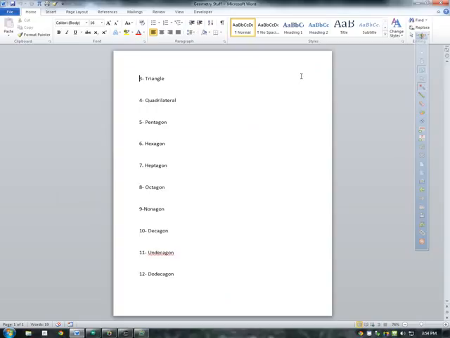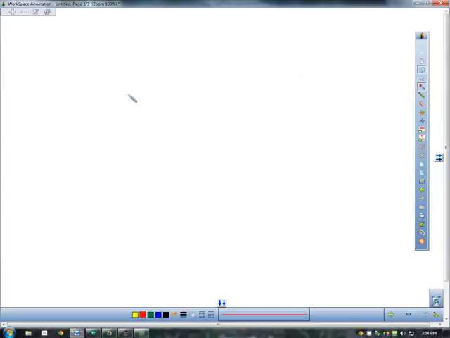So if you're a three-sided polygon, you're a triangle, quadrilateral, pentagon, hexagon, heptagon, octagon, nonagon, decagon, undecagon, and dodecagon. Once you get to 13, let's use 35 for example. If I have a 35-sided polygon, the name of it would be a 35-gon. Okay, it gets pretty easy after 13.